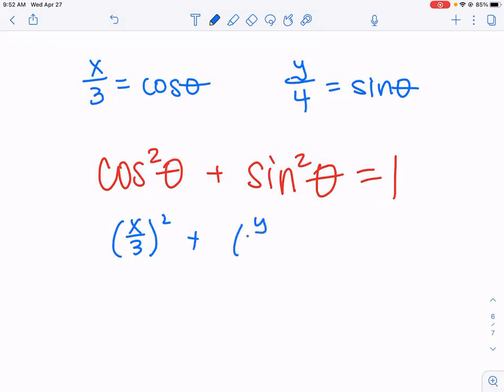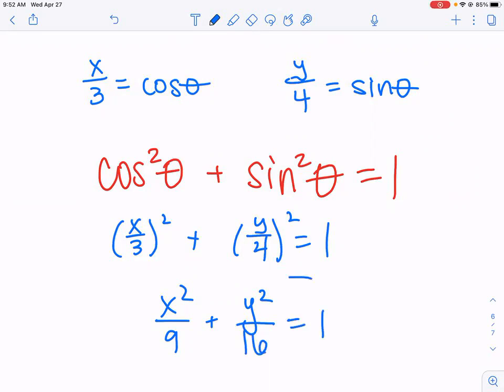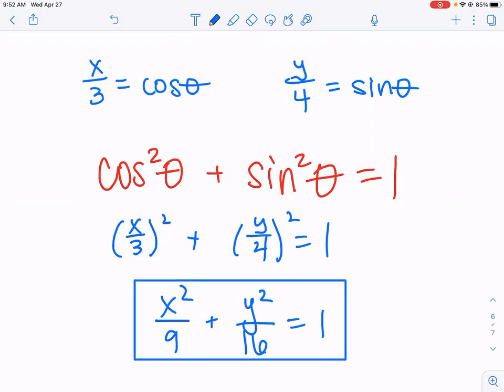Sine of theta is y over 4. What do we have? We have an ellipse.